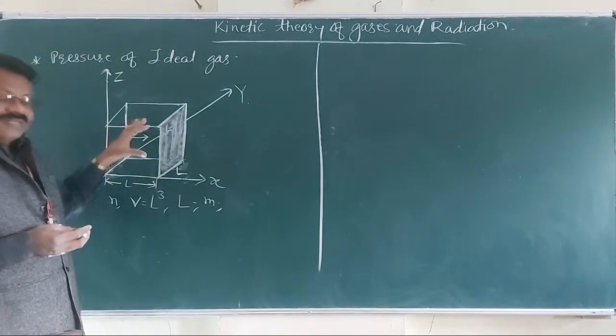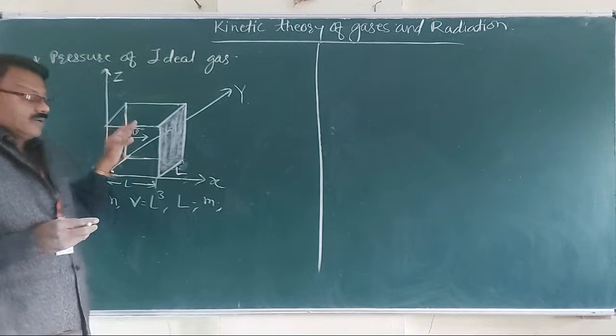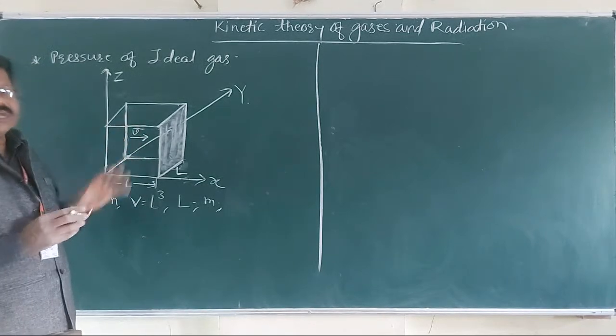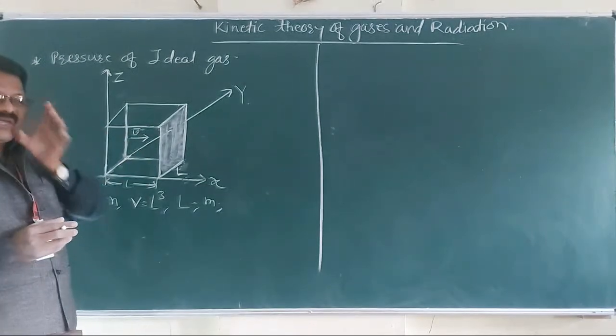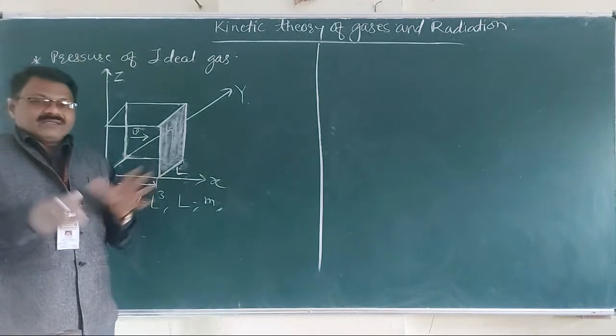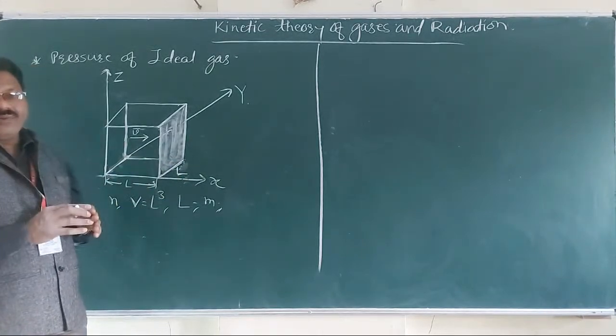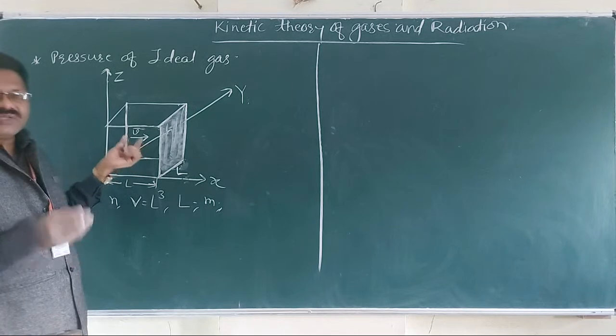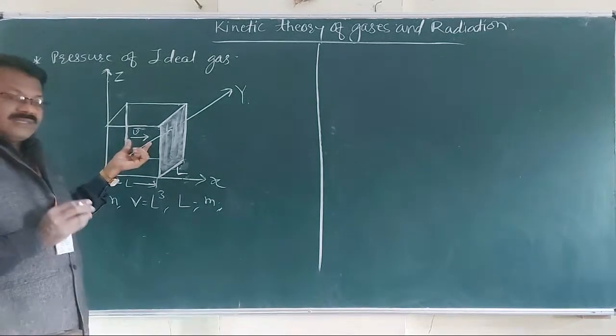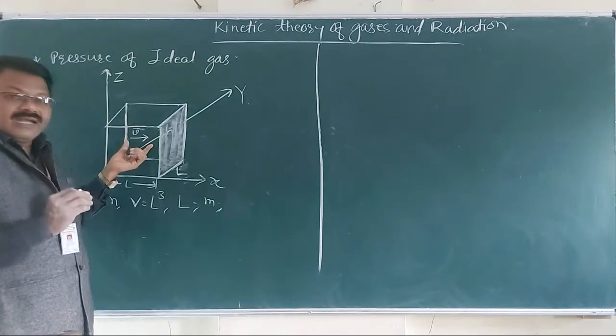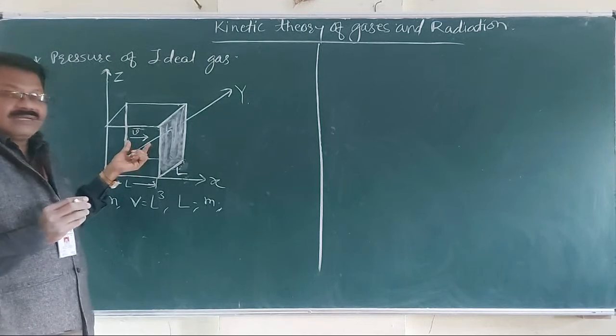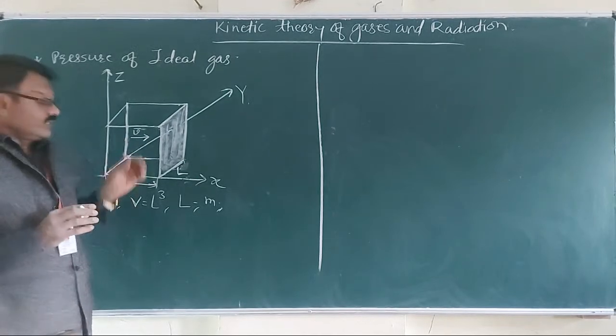But the number of collisions depends upon the pressure of the gas. When pressure is larger, there are a large number of collisions. But this pressure is so adjusted that we can neglect the intermolecular collisions.